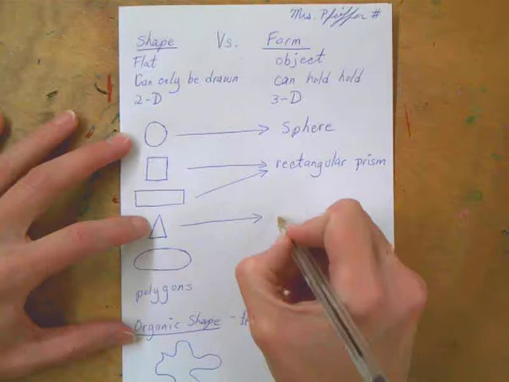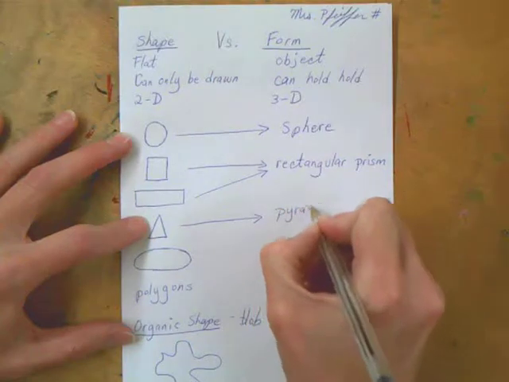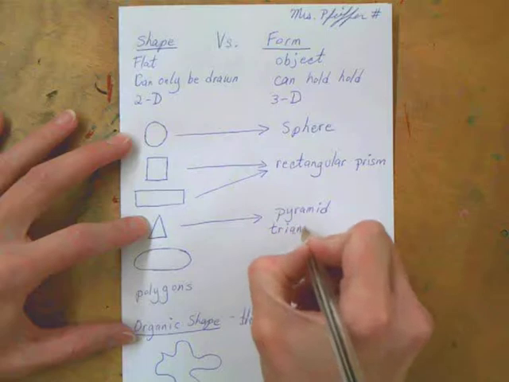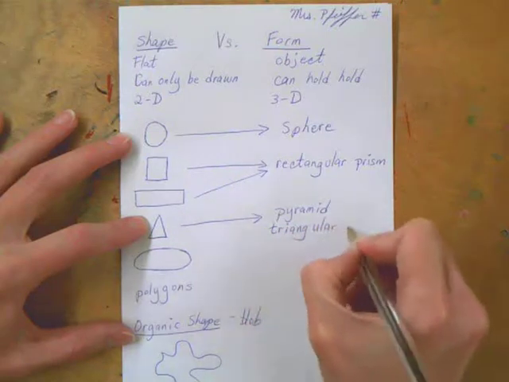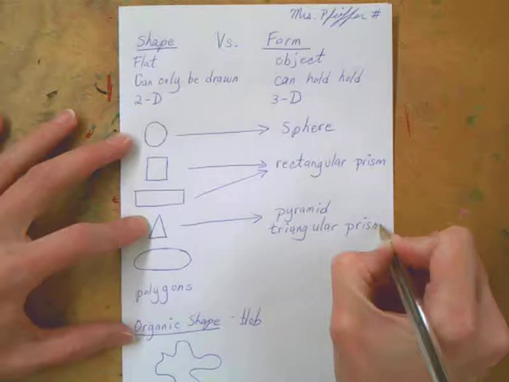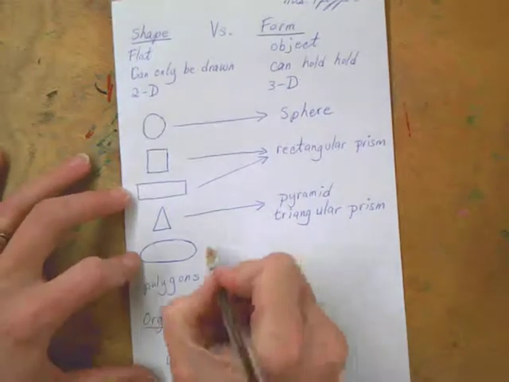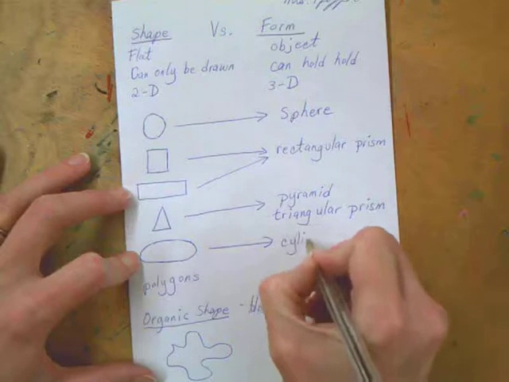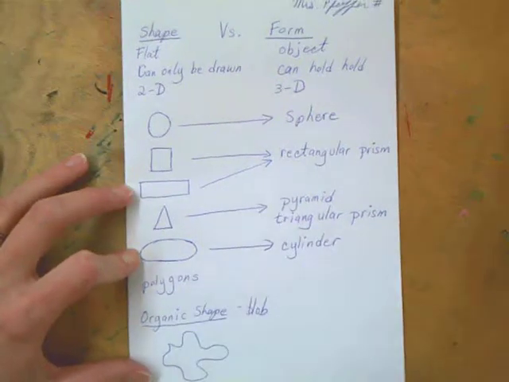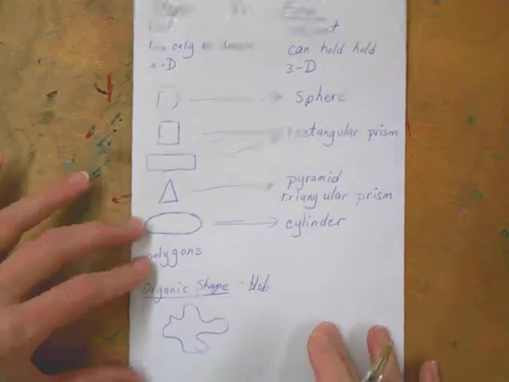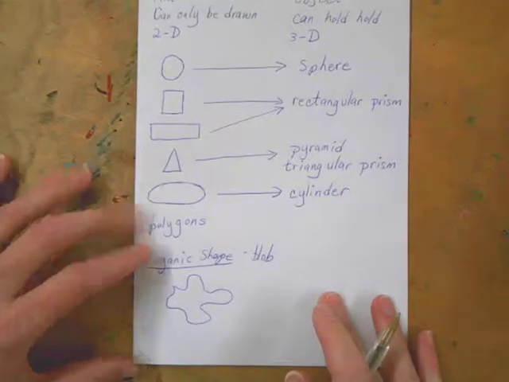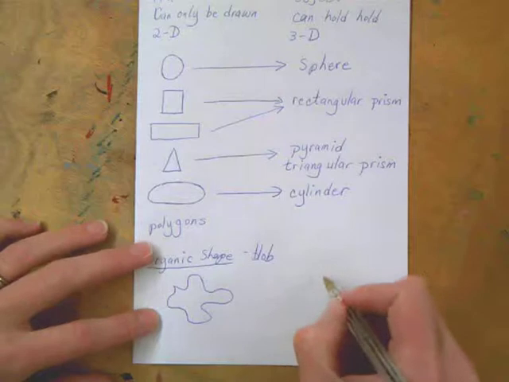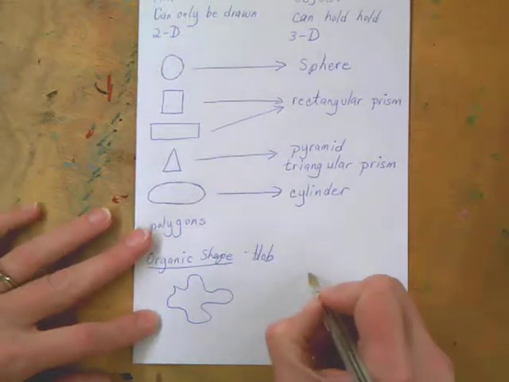A triangle becomes a couple different things, a pyramid and a triangular prism. An oval becomes a cylinder. And an organic shape, it can become a blob, a 3D form as well.